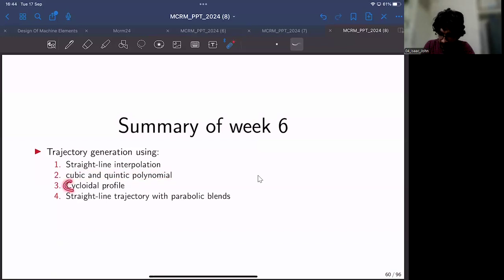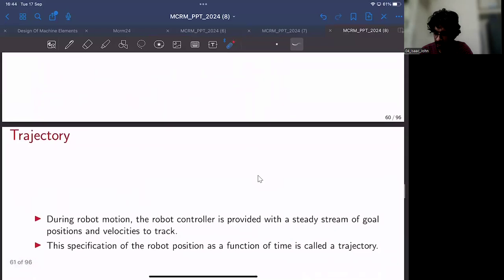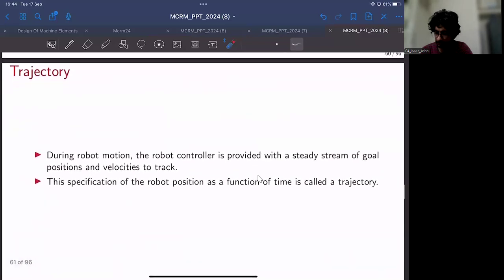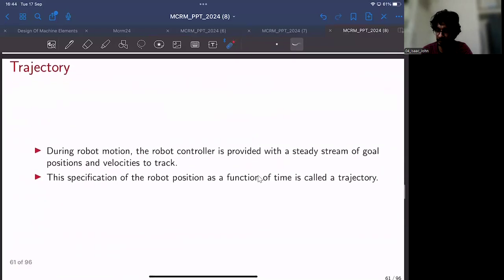We have also seen a case of a cycloidal profile trajectory generation. We have also seen a straight line trajectory with parabolic blends and how that is different from a standard straight line interpolation.